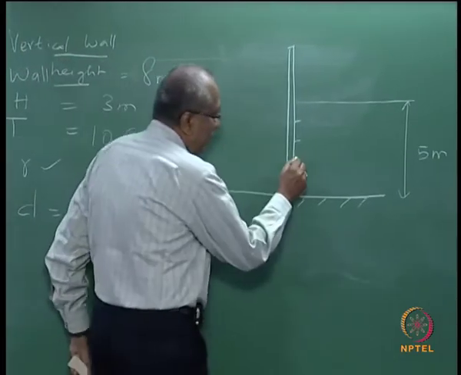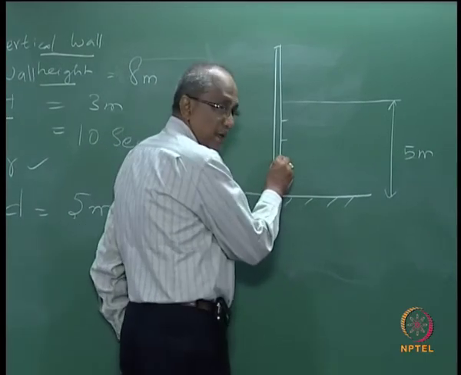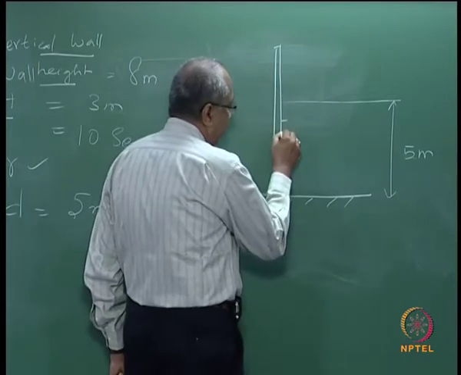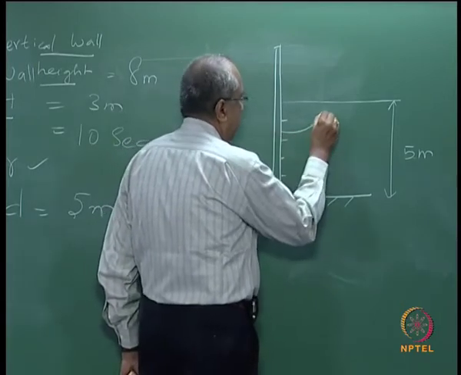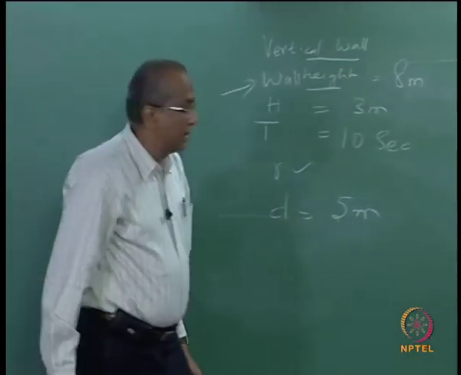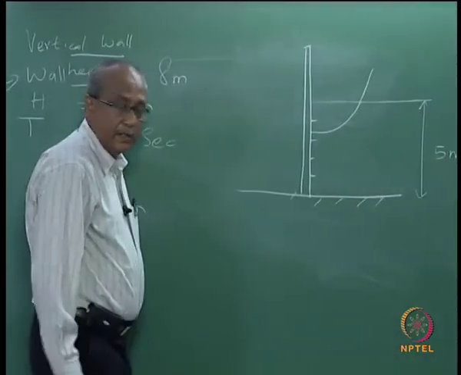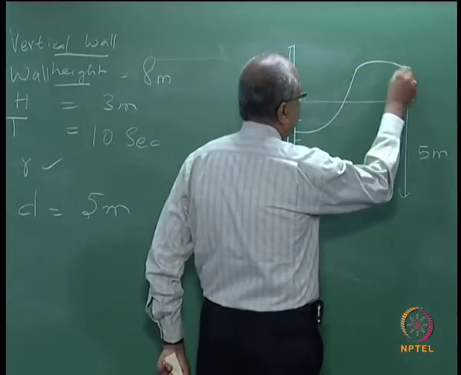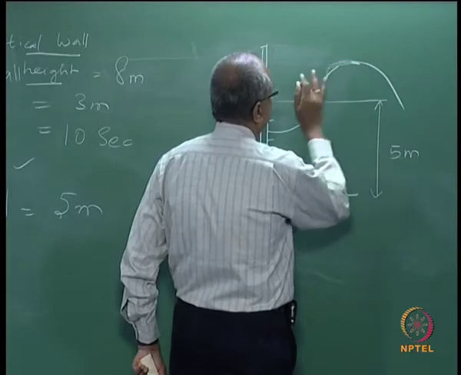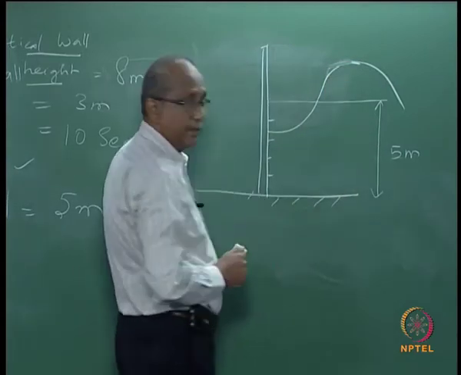Now you are going to have a wave height of 3 meters, that is the trough can come up to this. So this is the wave height.